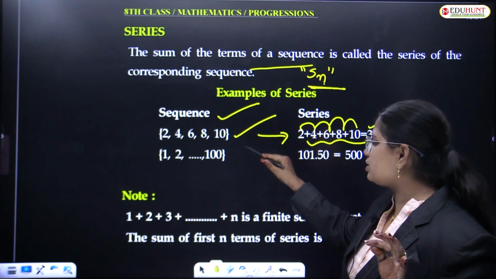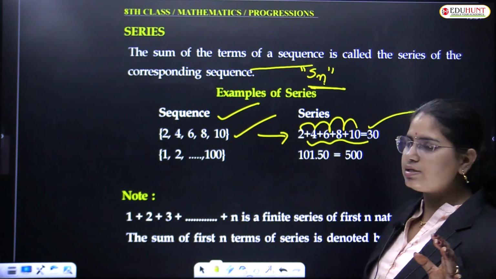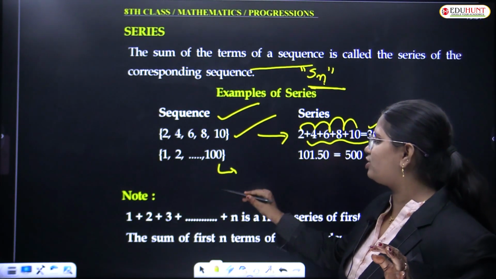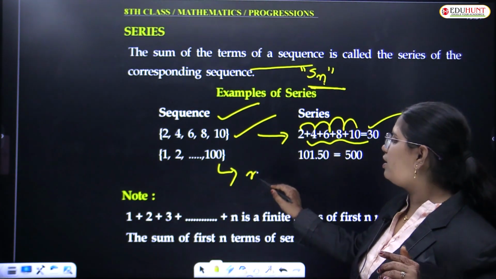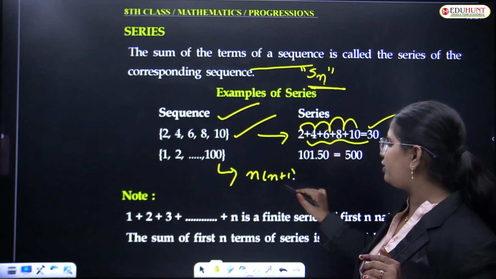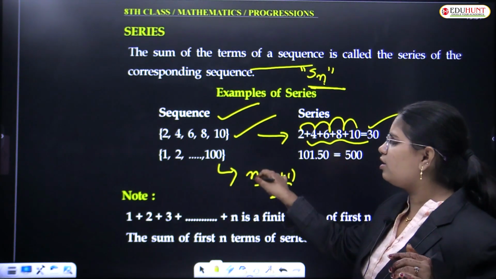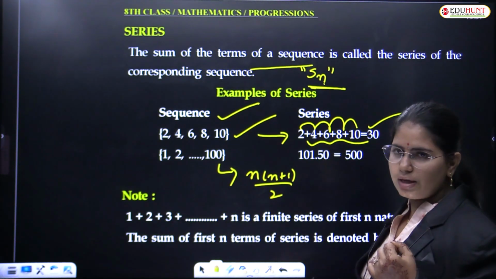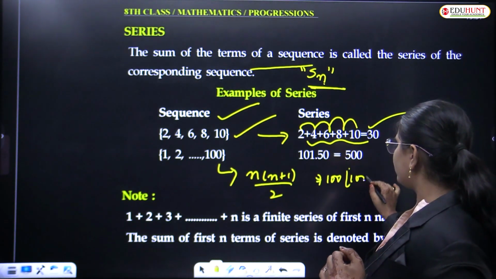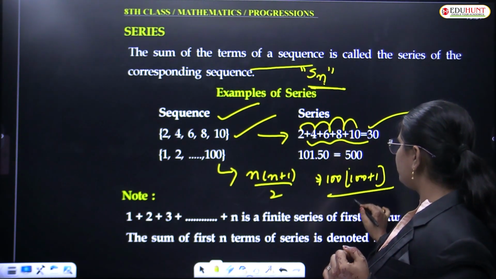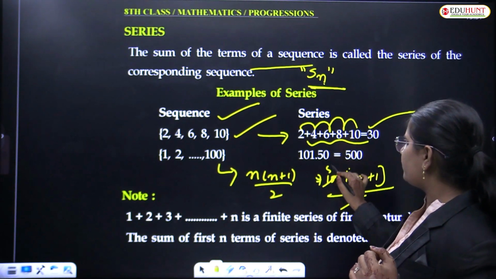Let us find one more example: 1, 2, and so on up to 100. This is nothing but the sum of the first n natural numbers. I have already told you the formula is n into n plus 1 by 2. What is n here? Up to 100 numbers you are adding. So 100 into 100 plus 1 divided by 2. 2 ones are 2, 50s are 50.